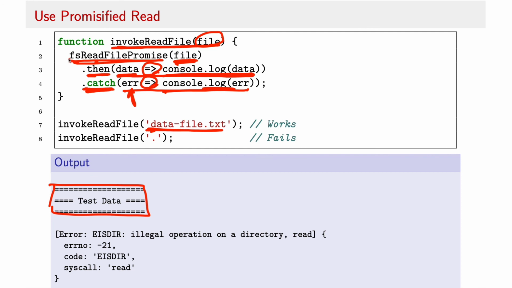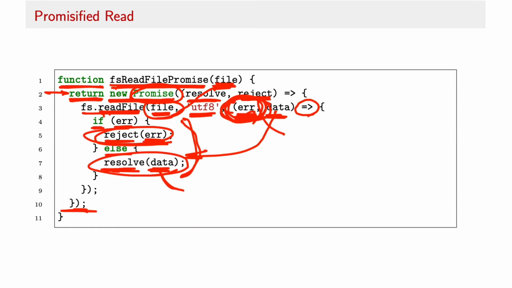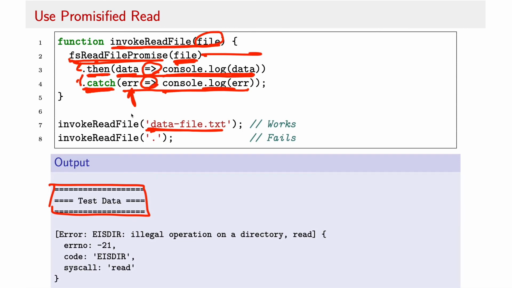So this thing returns a promise object, and that promise object has defined on it a .then and a .catch method. Because the underlying asynchronous code that calls Node's read file function works in this case, the .then method is used to invoke my success function, right? The function of my callback essentially, that I want to have invoked in the case that the async behavior worked. And so it just logs that data out to the standard output.